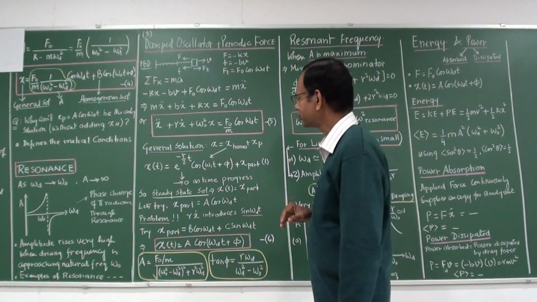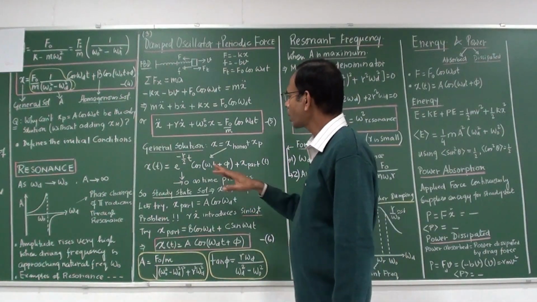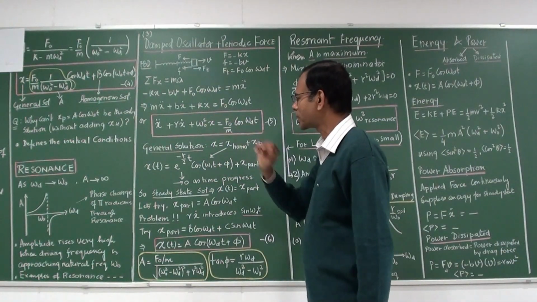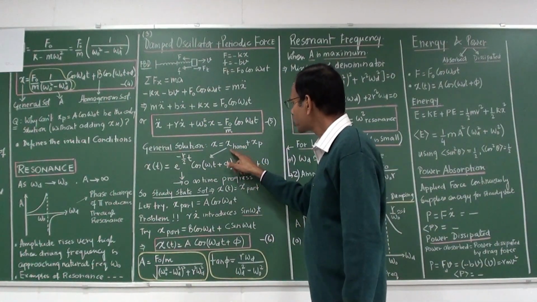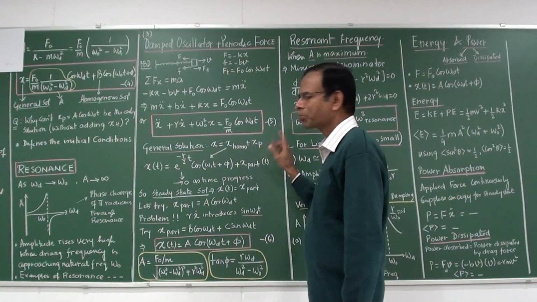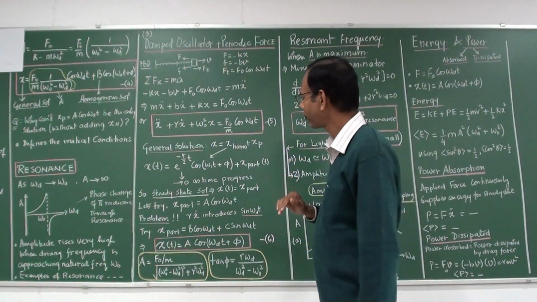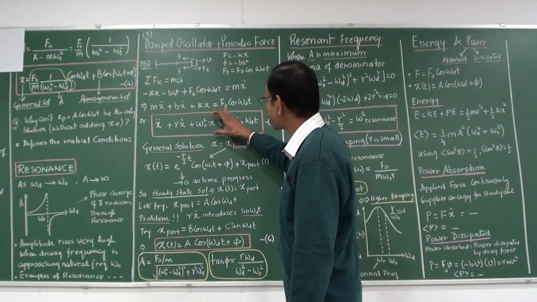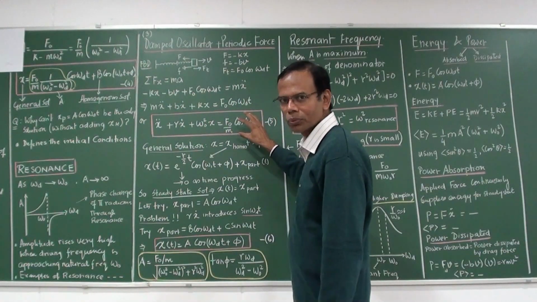What will be the solution? The general solution will be, again as we have studied earlier, x is equal to x homogeneous plus x particular. Now, the homogeneous equation is when this part of the equation is equal to 0.